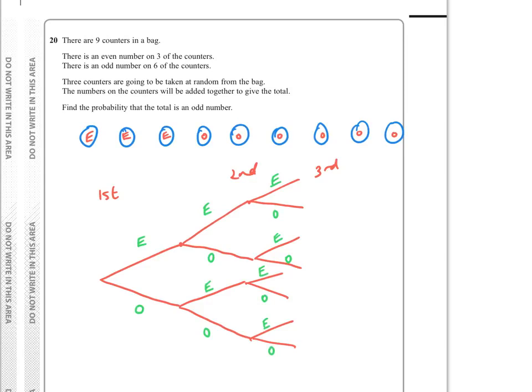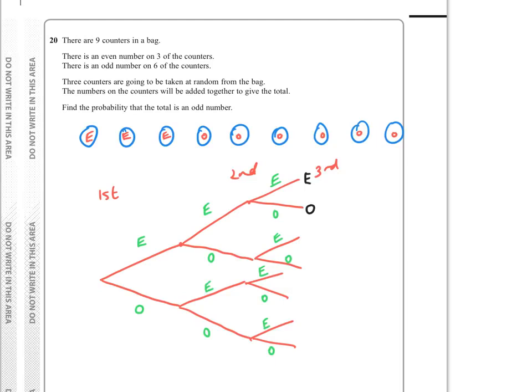First thing to do is look at the outcomes. So even and an even and an even, that's going to be even. The next one is 2 evens make an even, and an odd, well, that will make it odd. Then an even, an odd, and an even.